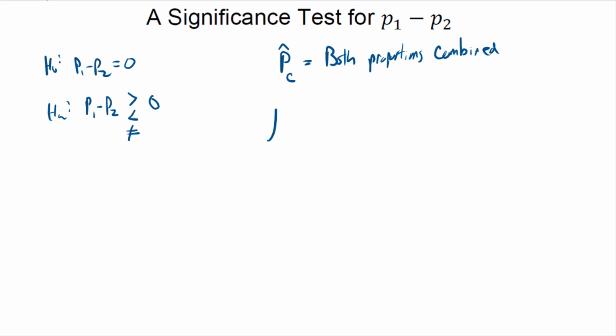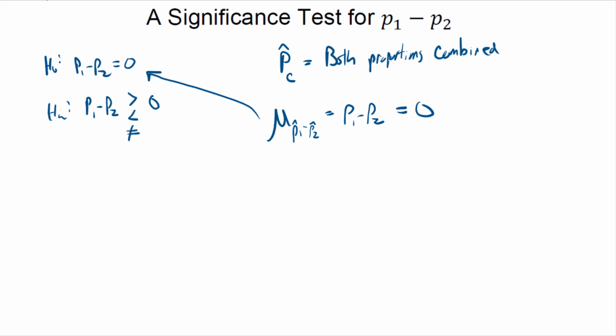Also, we talked about the mean of our difference of proportions, p1 hat minus p2 hat, which is the same thing as your p1 minus p2, which in our null hypothesis equals 0. So your mean is going to be 0.